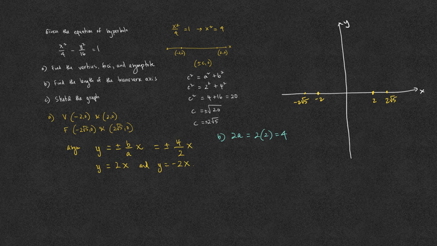The asymptotes are y equals 2x, which is a straight line, and y equals negative 2x. We then sketch the two branches. The one on the right-hand side goes through the vertex and stays close to the asymptotes, and the one on the left goes through the vertex and stays close to the asymptotes.